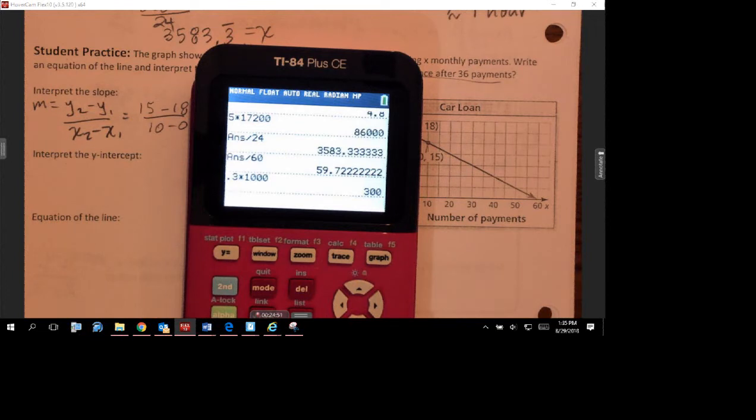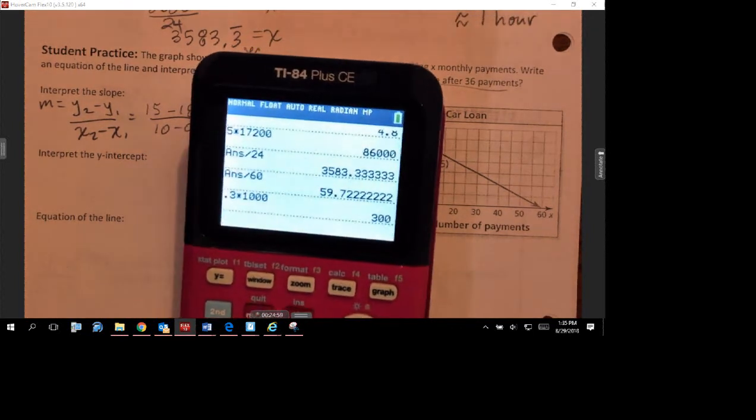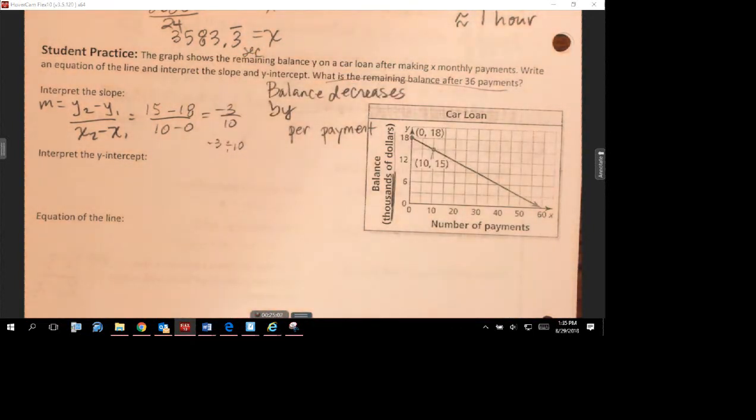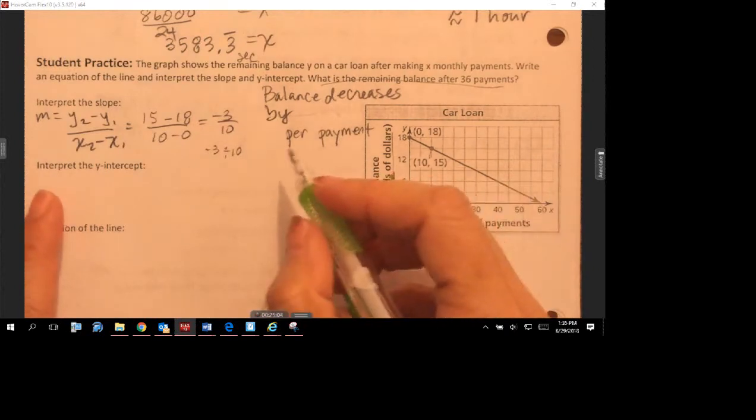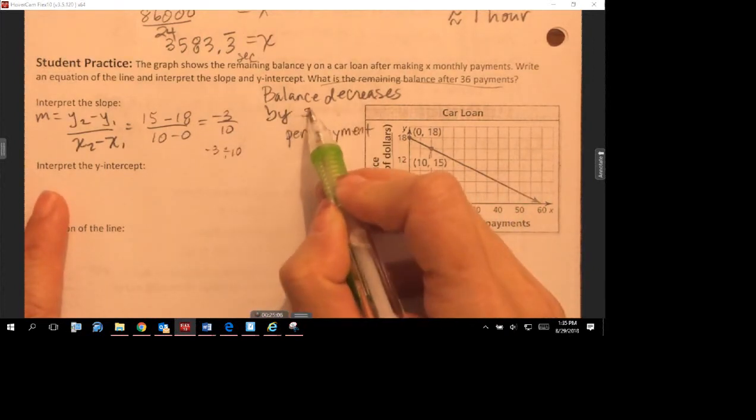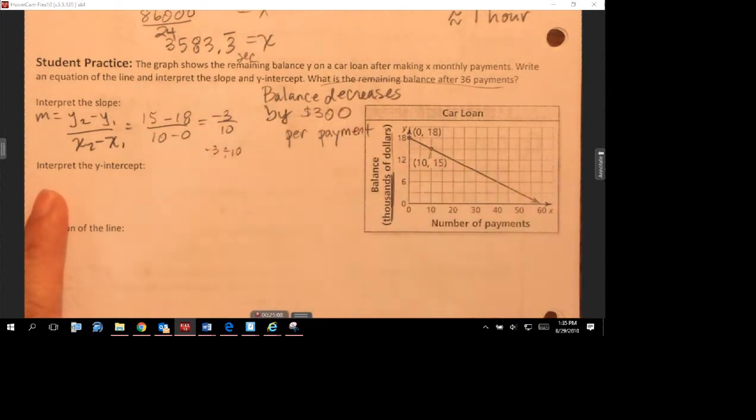Okay, 0.3 on the graph, but they made their scale different than real life. $300 seems like more of a car payment than 30 cents. So we're going to go, balance decreases by $300 per payment or per month. Is it months? Yeah, it's months. So that is interpret the slope.